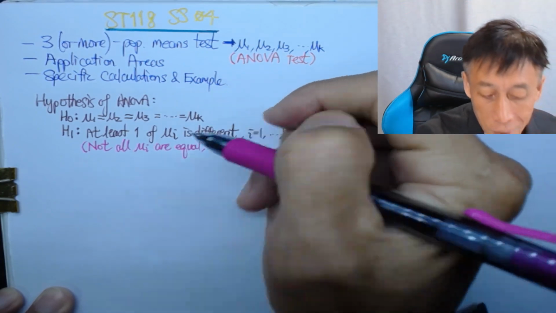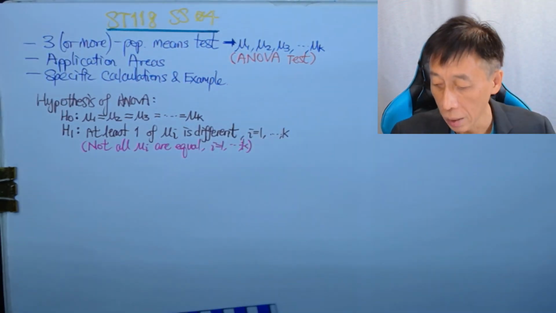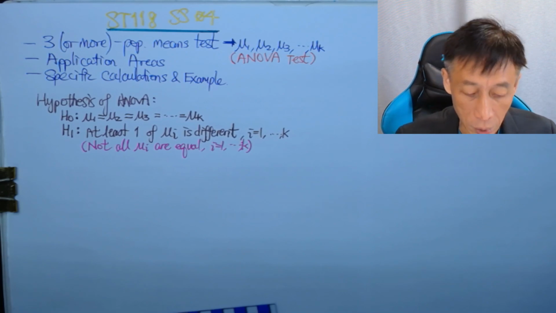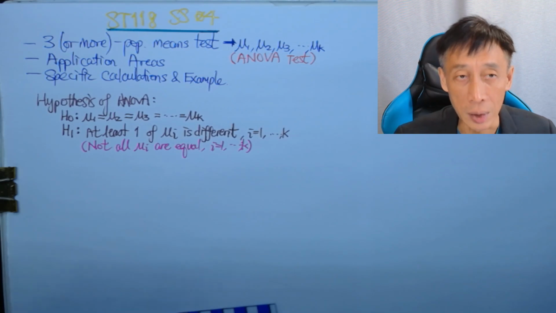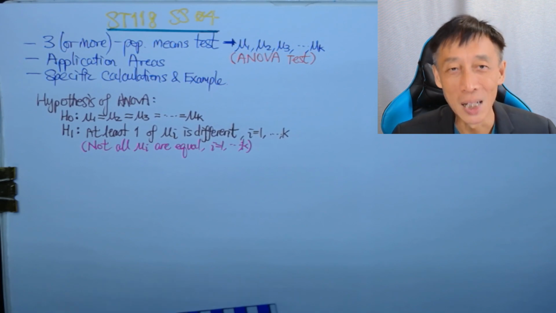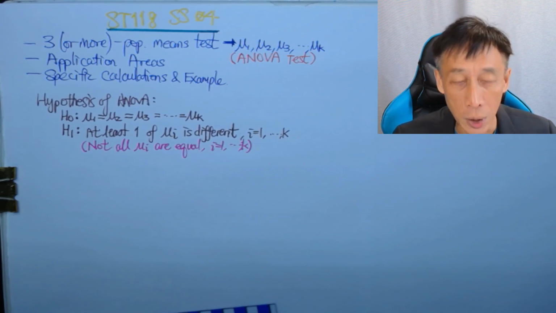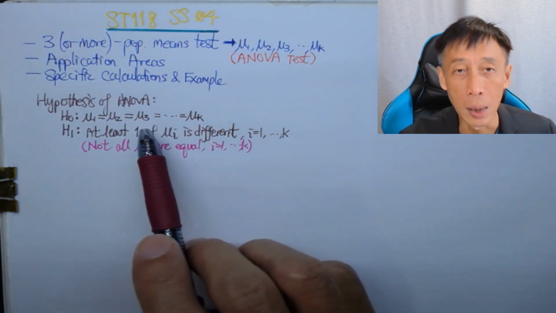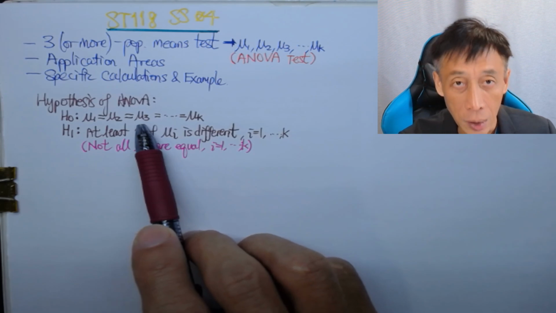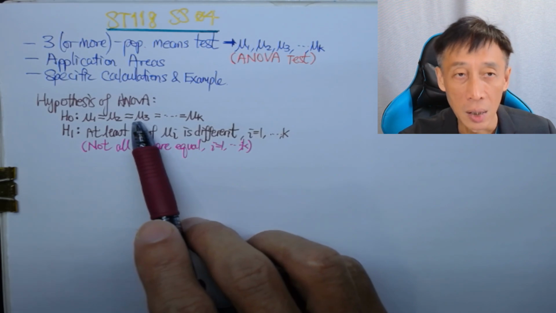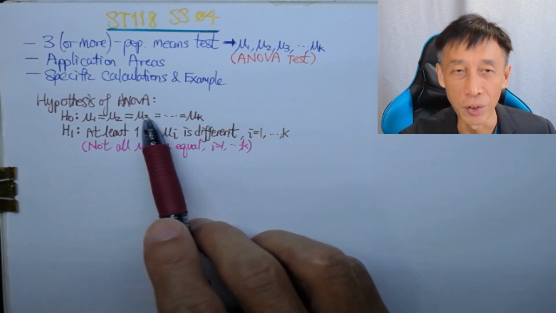The not of the statement is always logically correct as a mutually exclusive statement. So not all mu i's are equal is very acceptable. At least one of the mu i is different is also commonly seen in textbooks and is also correct logically, because what it's saying is at least one. I don't know which one, but at least one. For example, mu3 is so different from H naught that you cannot say mu3 is just varying in a statistical sense, so ignore it.